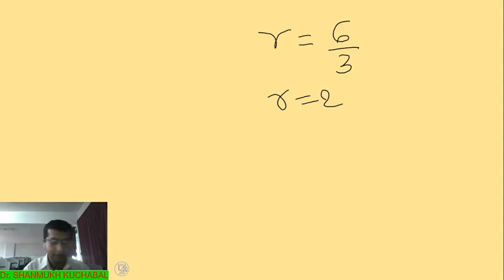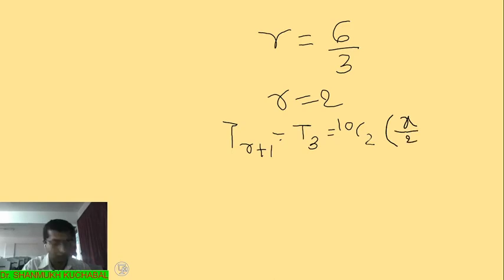Now we have to find the term. So see, the general term formula is t r plus 1, that is, r is 2, so we get t3 equal to nCr, 10C2, x by 2 raised to n minus r, that is 10 minus 2, times y raised to r, where y is the second term, minus 3 divided by x square, raised to 2.